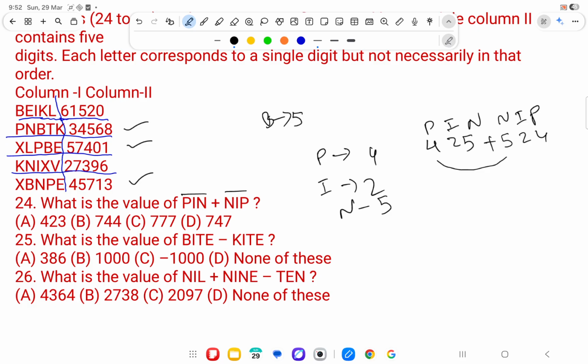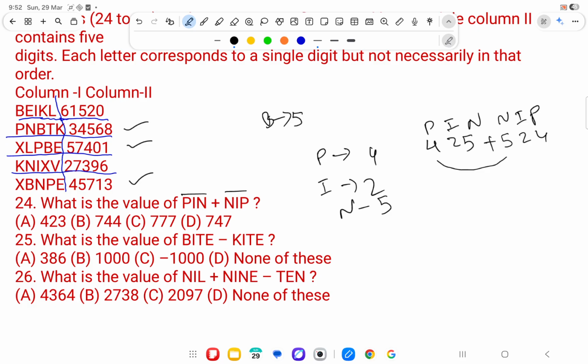P is repeated in second, third and fifth. Along with P, B is also repeated. For B we have taken 5. Then how can N be 5 again? So N must be second, third and fifth. What is repeated? 4.